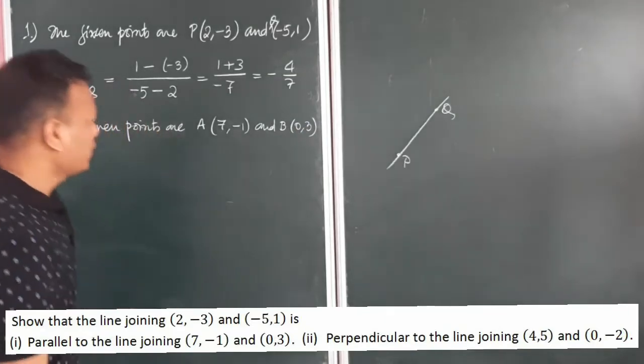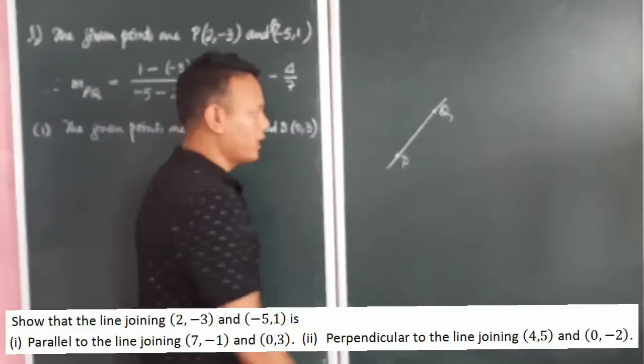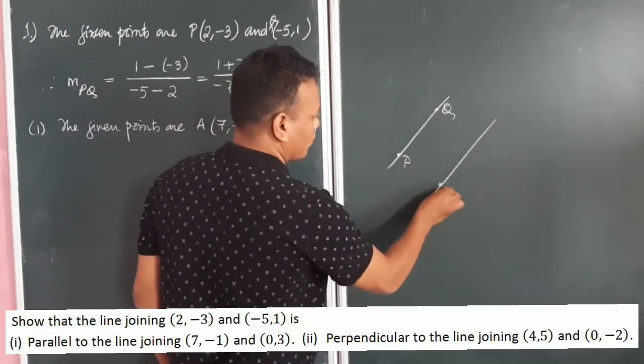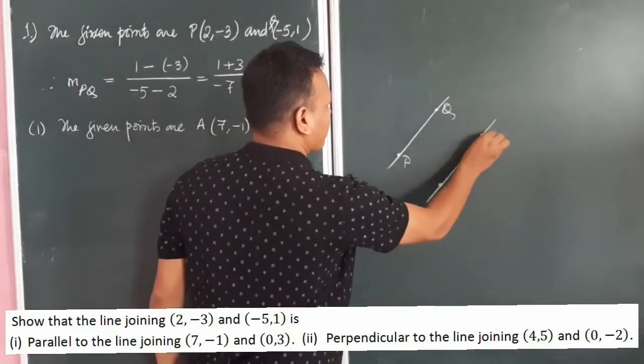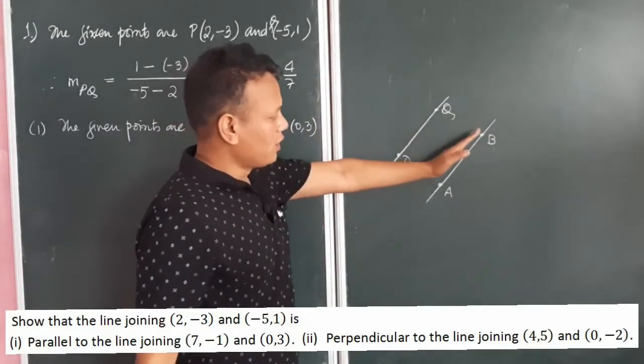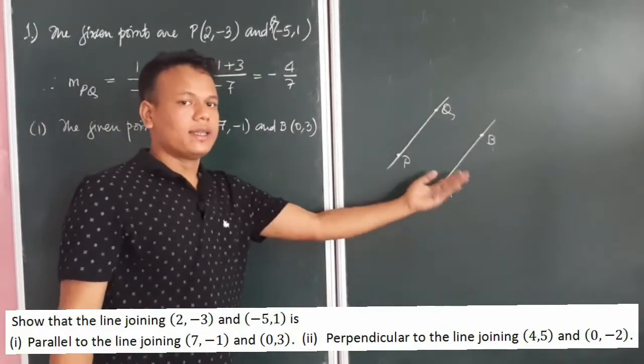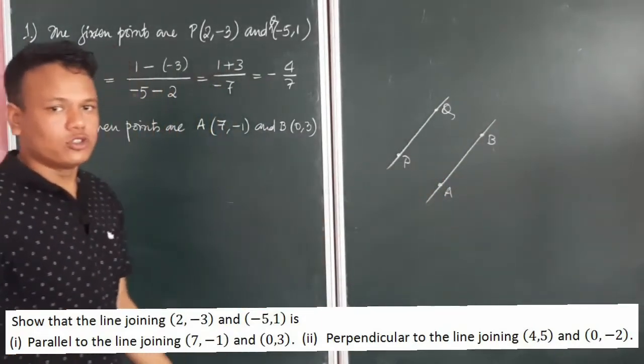We need to show that the line passing through A and B is parallel to this particular line. Again, we have found the slope of PQ. Let us similarly find the slope of AB. If the slopes turn out to be equal, then the lines have to be parallel to each other.